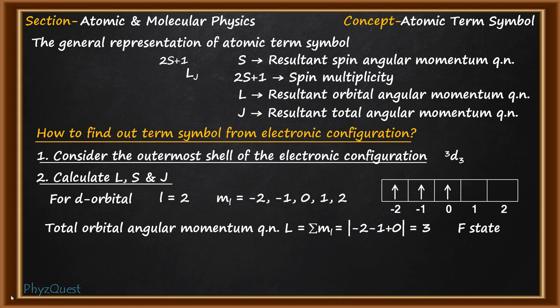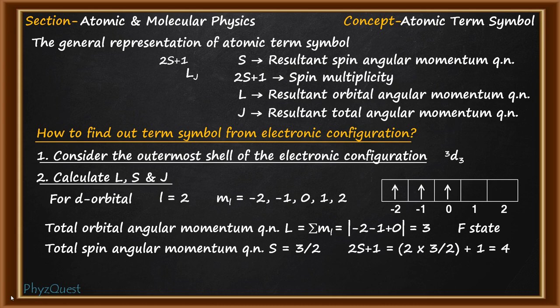Now let's talk about the spin part. Here we have 3 unpaired electrons, each having spin half. So the total spin angular momentum quantum number capital S is equal to 3/2. From that we find the spin multiplicity 2S+1 is equal to 4.